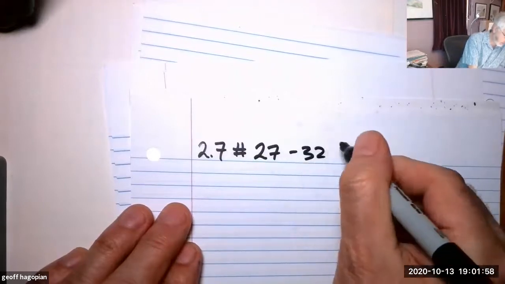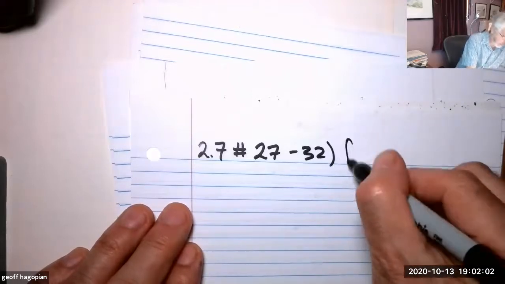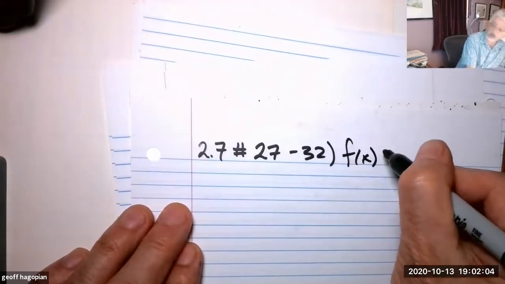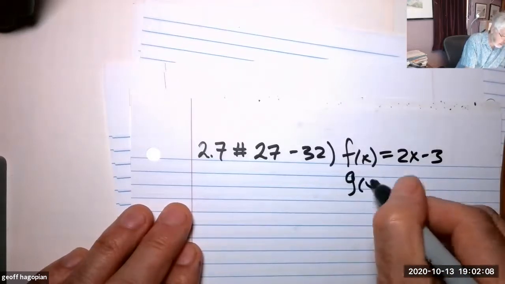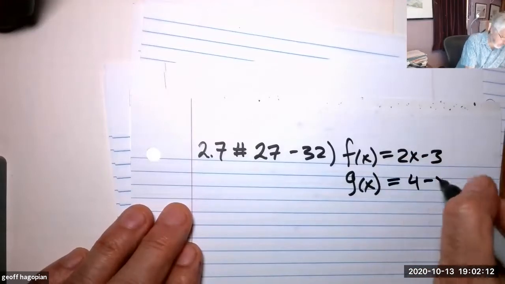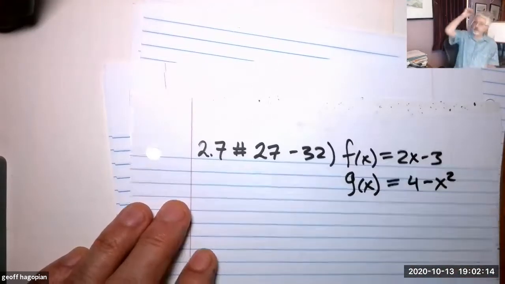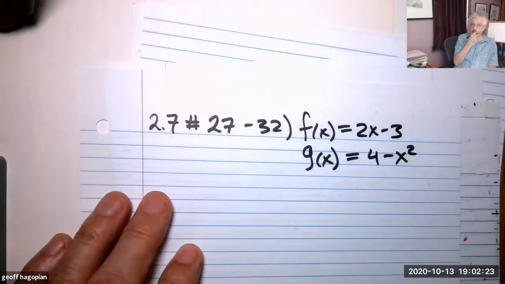We'll pick out a few of these. We're not going to do them all. So f of x is a linear function with slope 2 and intercept negative 3. And g of x is a quadratic with a difference of squares, right? 4 is 2 squared. And so that's 2 squared minus x squared. So we could factor that as 2 minus x times 2 plus x.